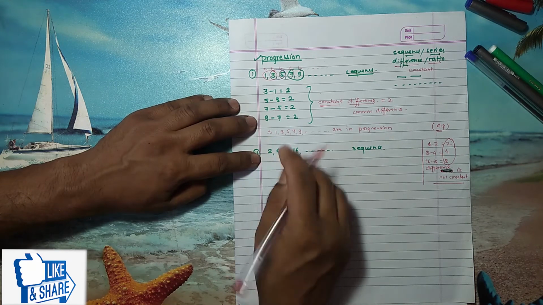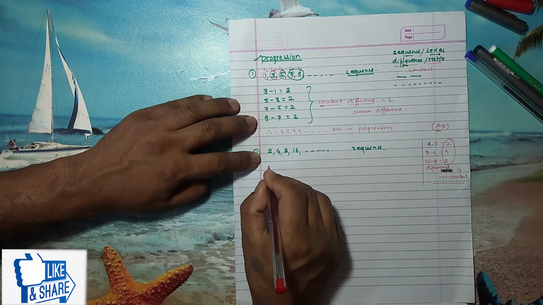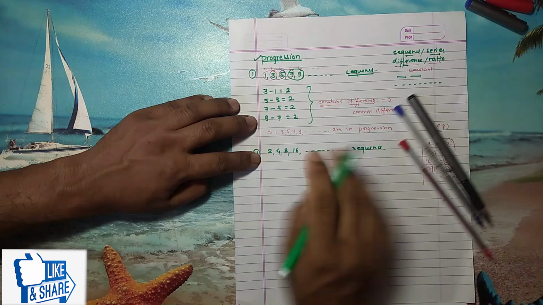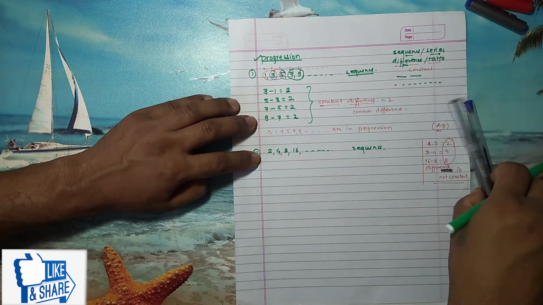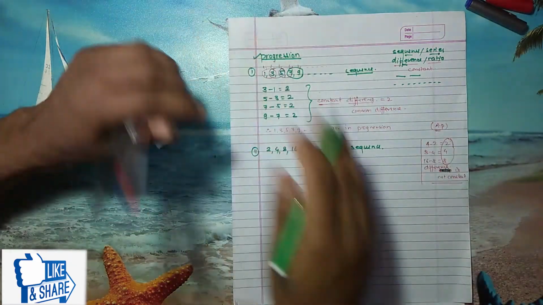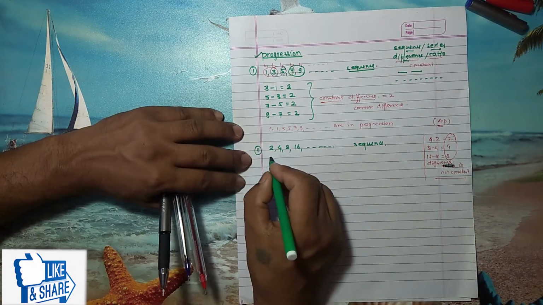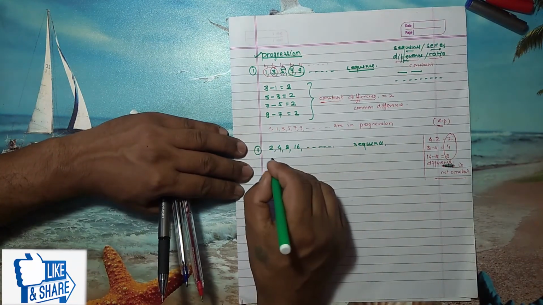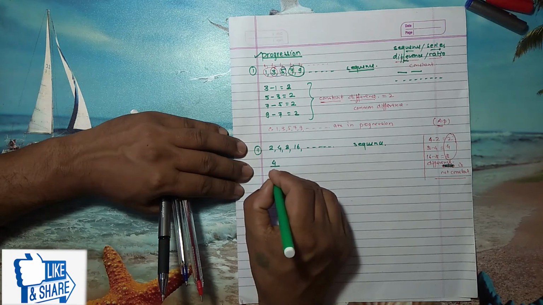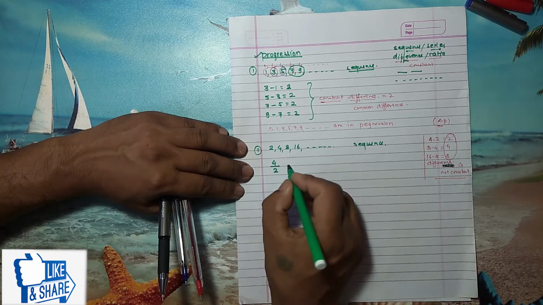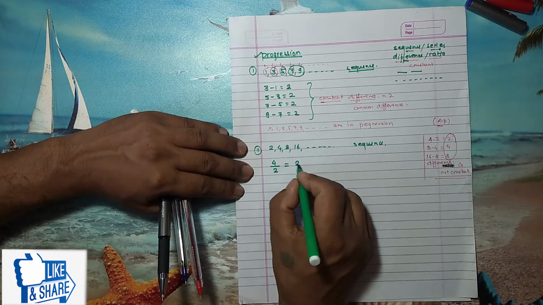Same way as before, T2 by T1, 4 divided by 2 equals 2.